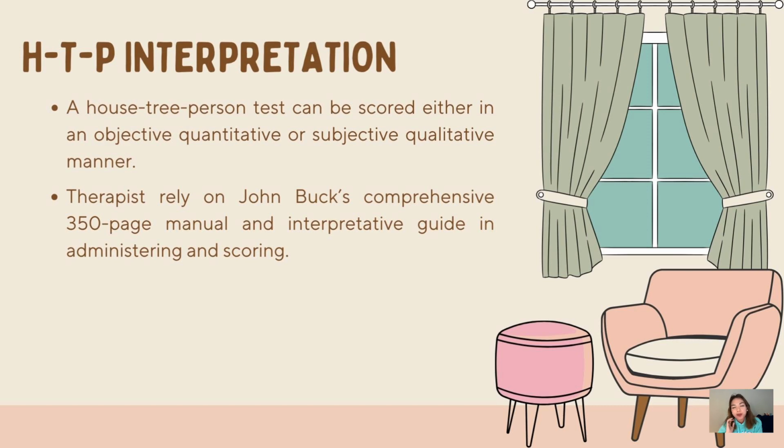So I tried to look for the 350-page manual by John Buck, but unfortunately I couldn't find one. I really want to show you what it is, but I couldn't find any resources about it. I apologize.